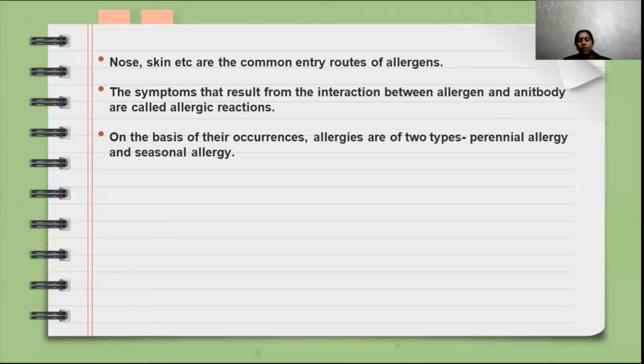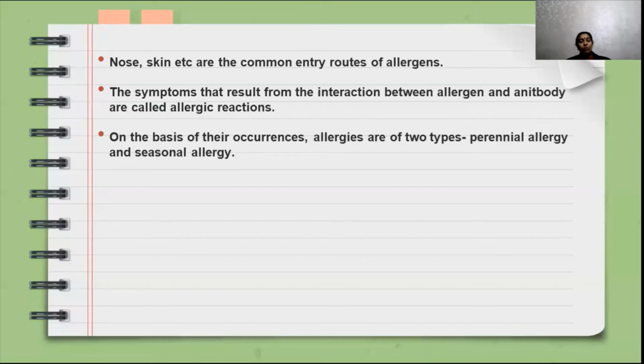Usually flowers release their pollen, outdoor molds release their spores, and trees, grasses, and weeds also release tiny pollen particles into the air. These happen seasonally, and seasonal allergies can start at almost any age. These are the two types of allergies: perennial allergy and seasonal allergy.